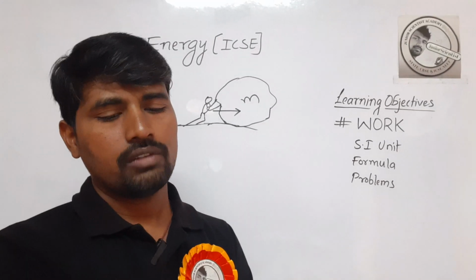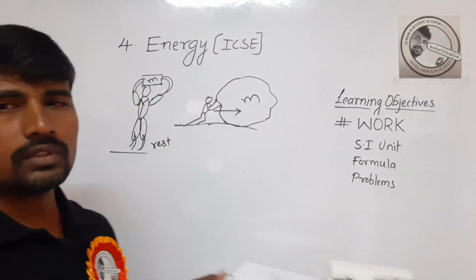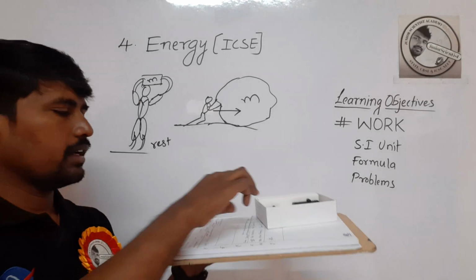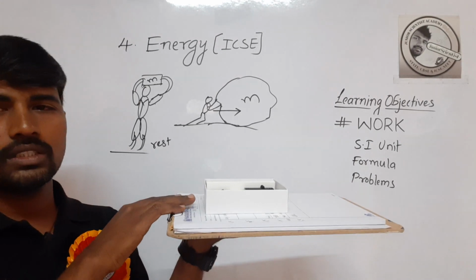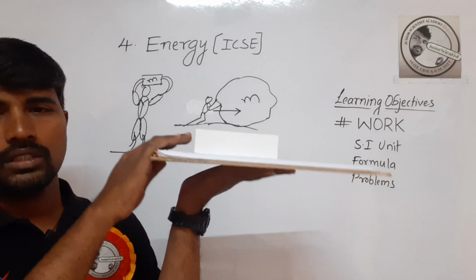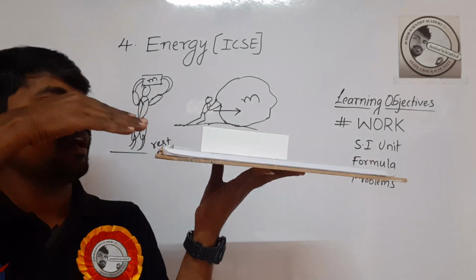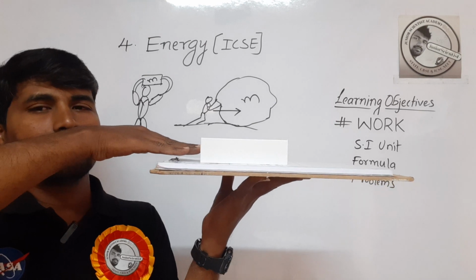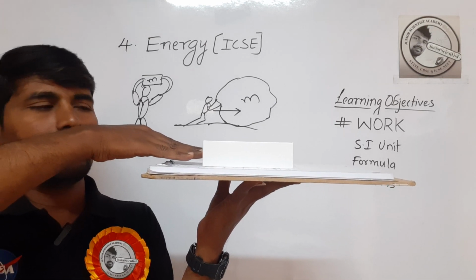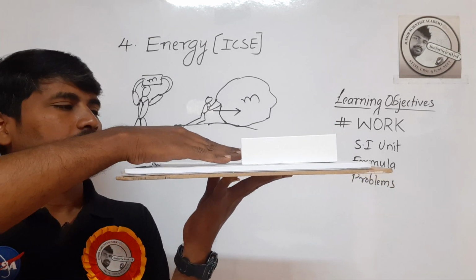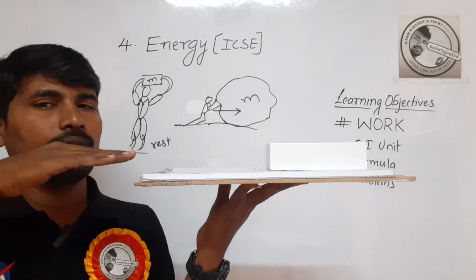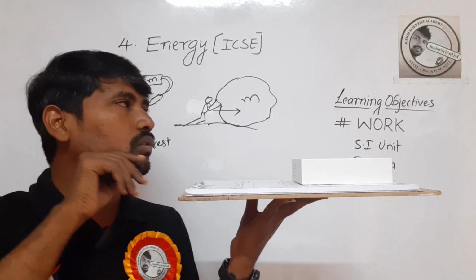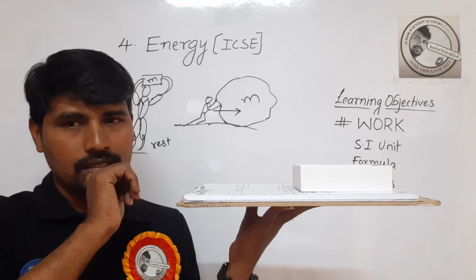I will show you one activity. For example, I have a writing pad and one object here. See, I am applying force using my hand. Here it is moving. What are the observations?